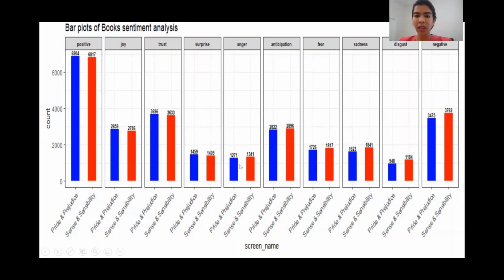We can see here that Sense and Sensibility exceeds Pride and Prejudice in terms of anger, anticipation, fear, sadness, and most of all in terms of the negative words. So here we can deduce that in terms of positive words, Pride and Prejudice and Sense and Sensibility are somewhat on the same page, but when we think about the negative sentiments, there are scenarios where they differ from each other.